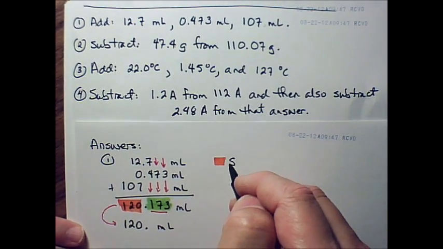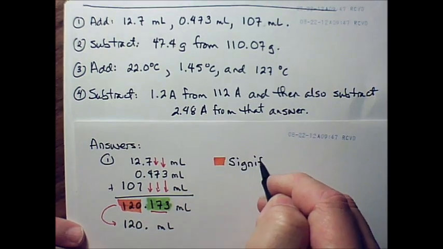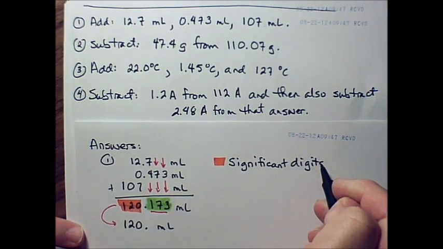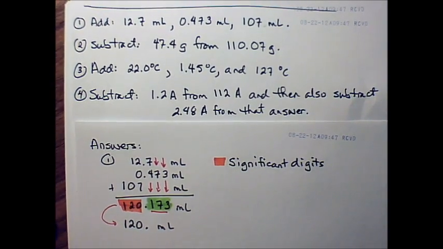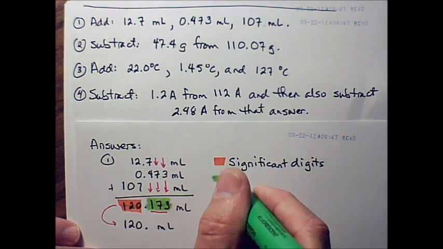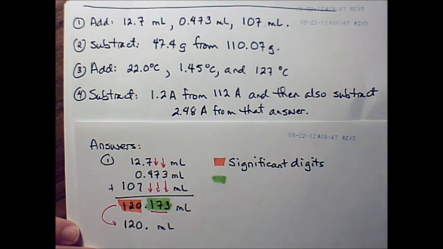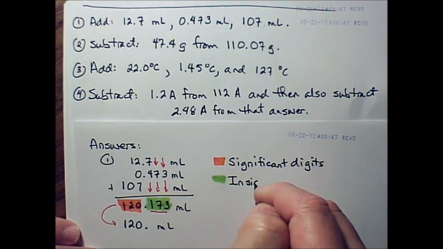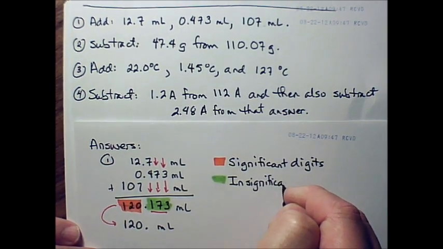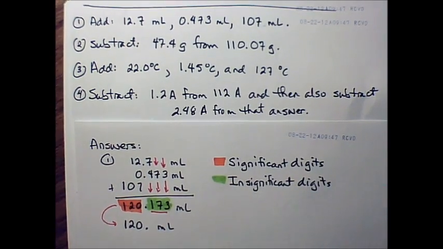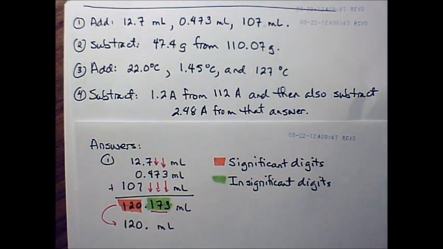Significant digits are the digits you want to or need to keep. Insignificant digits are the digits you need to eliminate to show the correct precision of the answer.